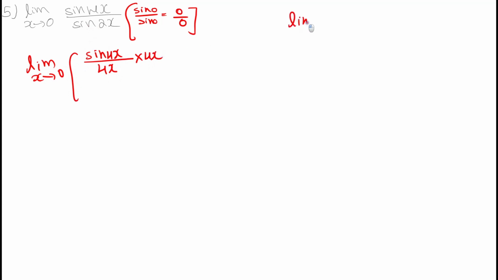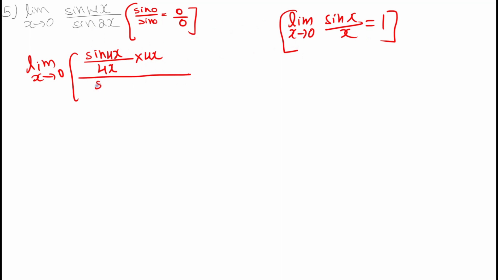Our formula is limit extending to 0, sin x by x is equal to 1, right? So to get that form, divide by 4x to balance into 4x, divided by, here also the same thing, see, sin 2x by 2x, balance this one into 2x.